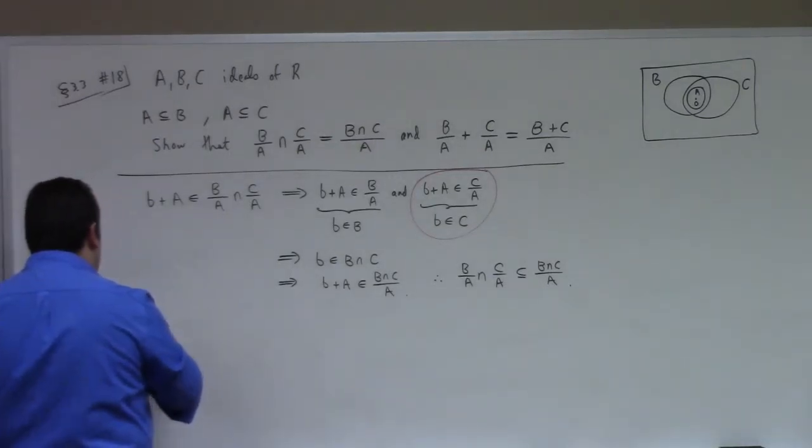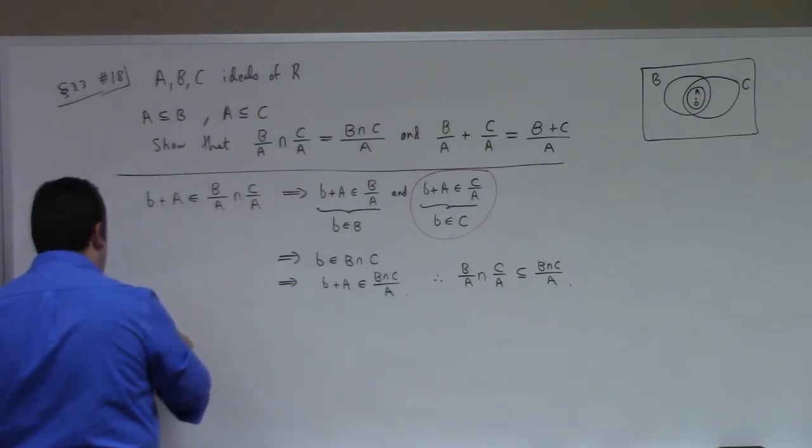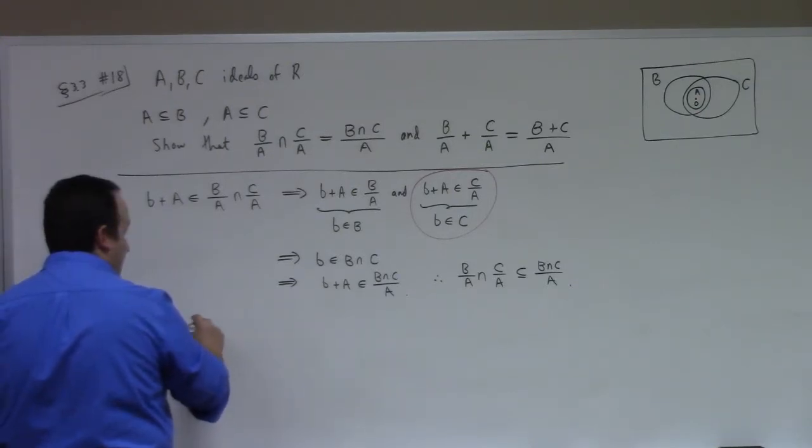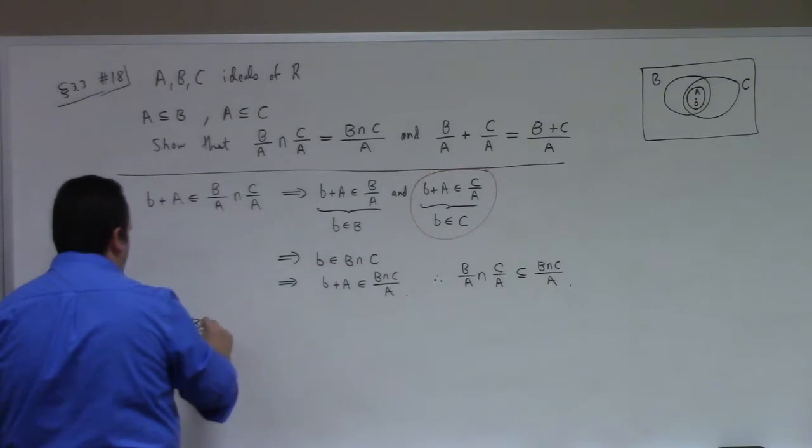Now, on the other hand, if we have b plus A is an element of B intersect C over A, okay, it's almost the same argument.